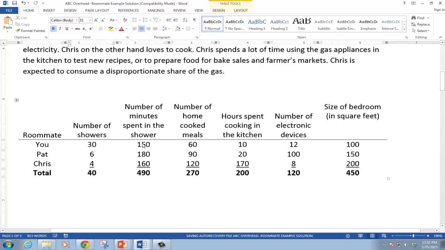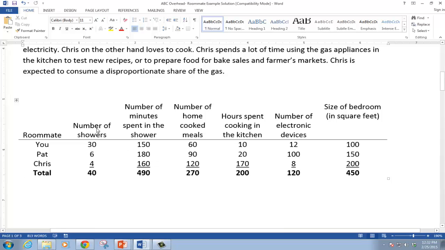But if you look at the number of minutes spent in the shower, Pat and Chris use more minutes in the shower than you do, even though you take more showers. In other words, you take a lot of showers, but they're very quick. Pat and Chris take a few showers, but they're very long. So they are probably really consuming more of the water. So this is probably a much more accurate way of allocating the water cost.